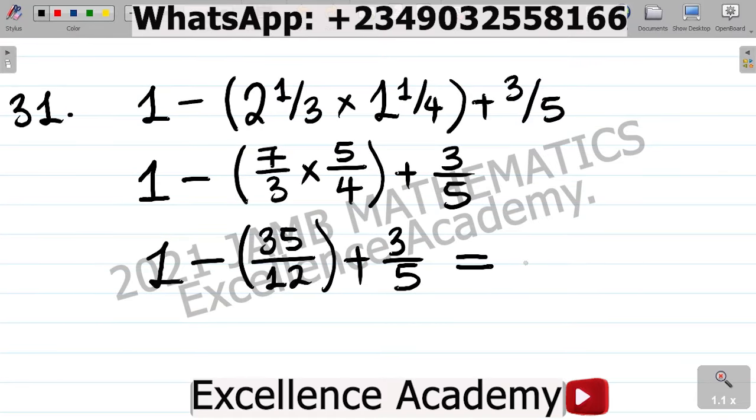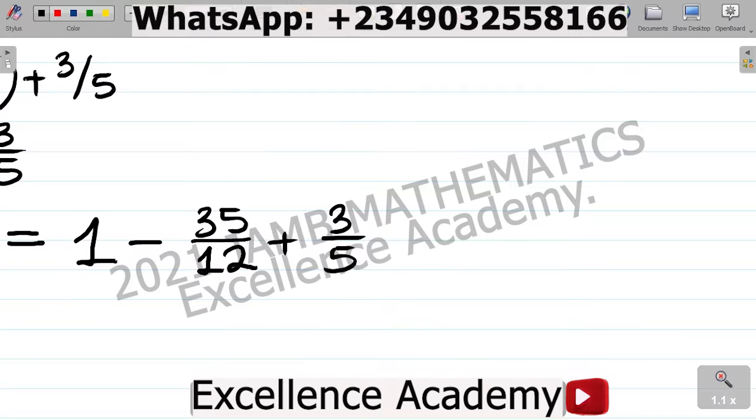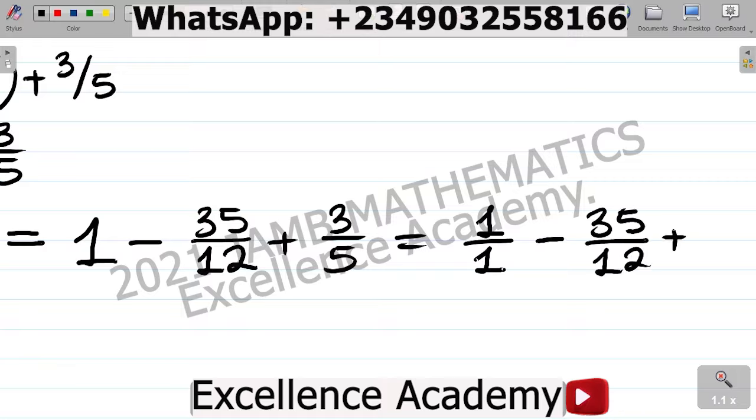I have 1 minus 35 all over 12, plus 3 over 5. Note that 1 expressed as a fraction is the same as 1 over 1.